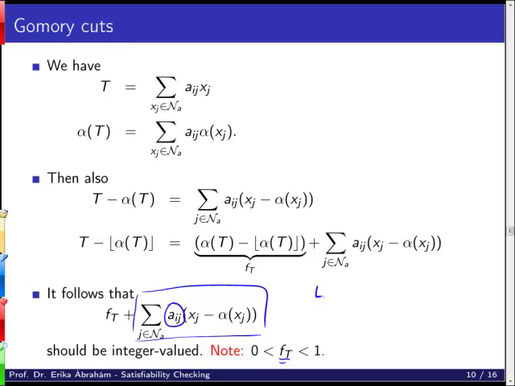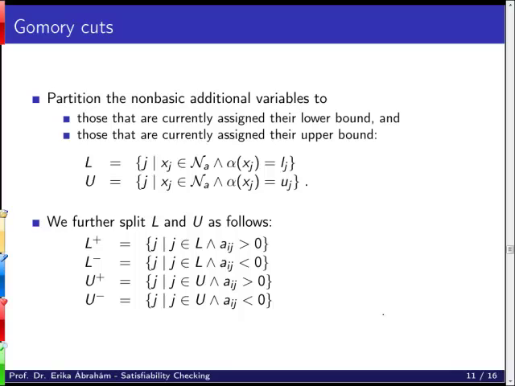And I use lower bound, positive coefficient for those terms where xj has a lower bound and the coefficient is positive, L minus where xj has a lower bound and the coefficient is negative, and similarly upper bound with positive and negative coefficients. And I group them.